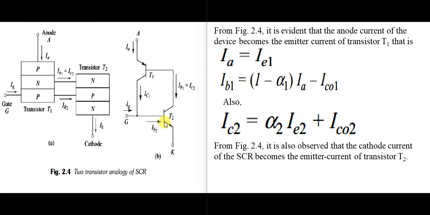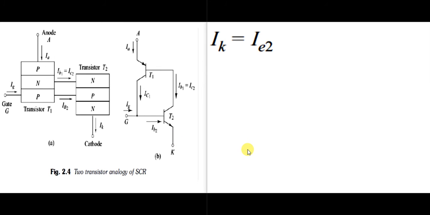This is the emitter terminal again, and now it is the cathode current. So I have written IK, the cathode current, is equal to the emitter current of transistor T2. Now I have replaced the emitter current with IK. So IC2 equals alpha 2 IK plus the leakage current of transistor 2.